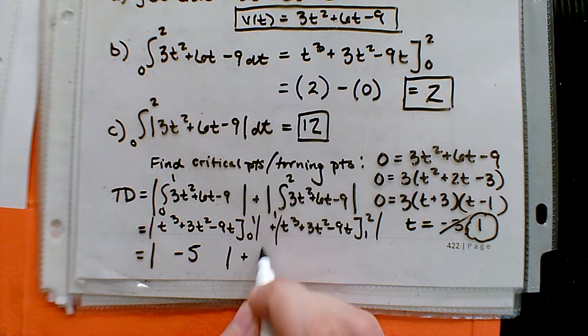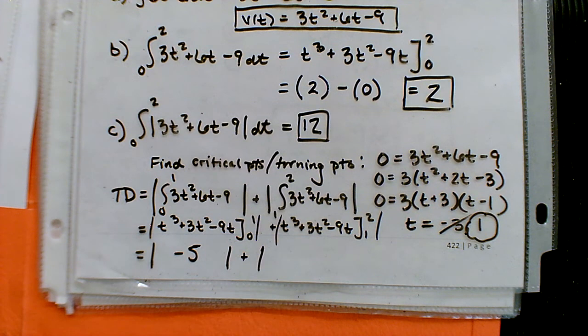Then let's check out the next one. If we plug in 2 for everything, we get 2. And if we plug in 1 for everything, we said we get -5. And we have to subtract those.